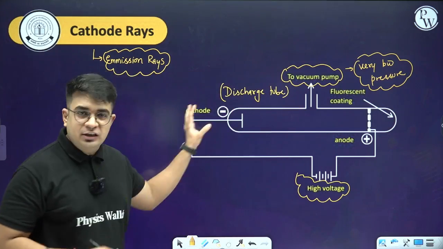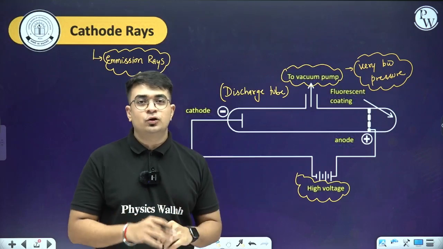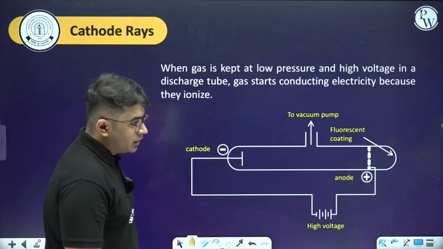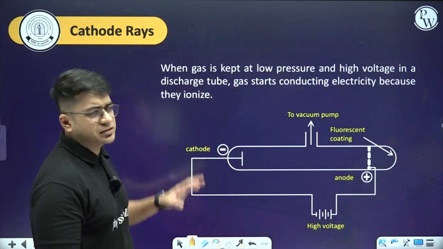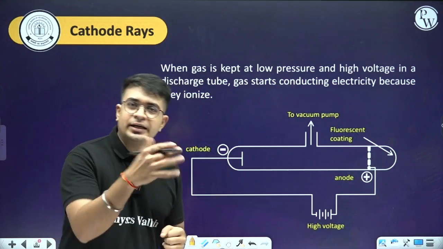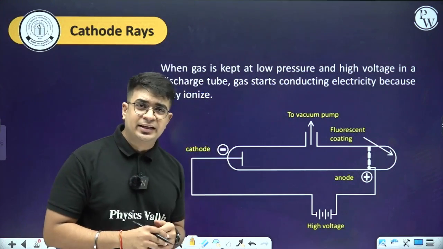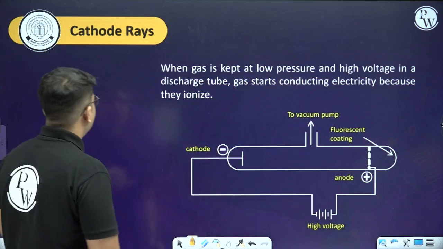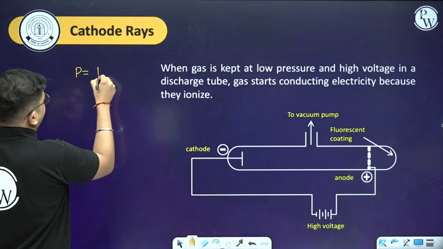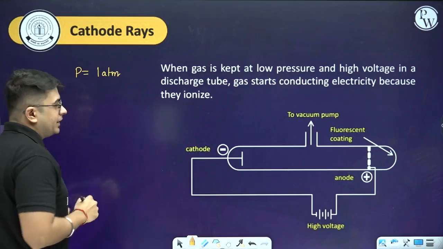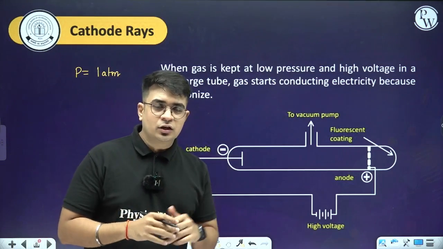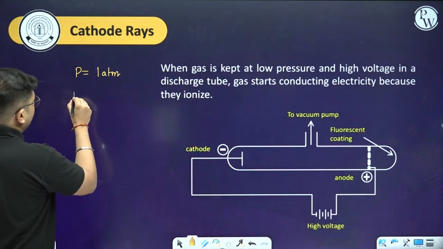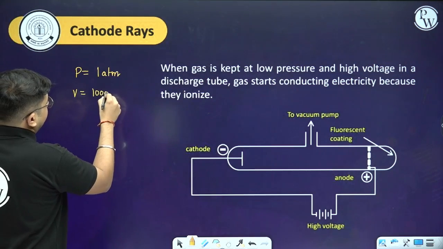I hope all the basics related to the structure are clear to everyone. Now let's talk about the basic experimentation of cathode rays. He took a particular gas, whatever gas you want to take. Let's say we are taking hydrogen gas. When the gas is kept at low pressure, initially the pressure was set at 180 mm, which is equal to atmospheric pressure, at a very high voltage, let's say 10,000 volt.